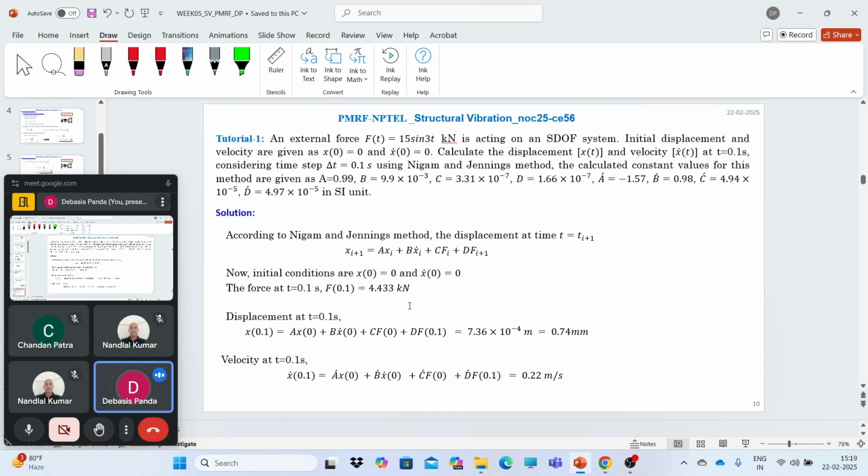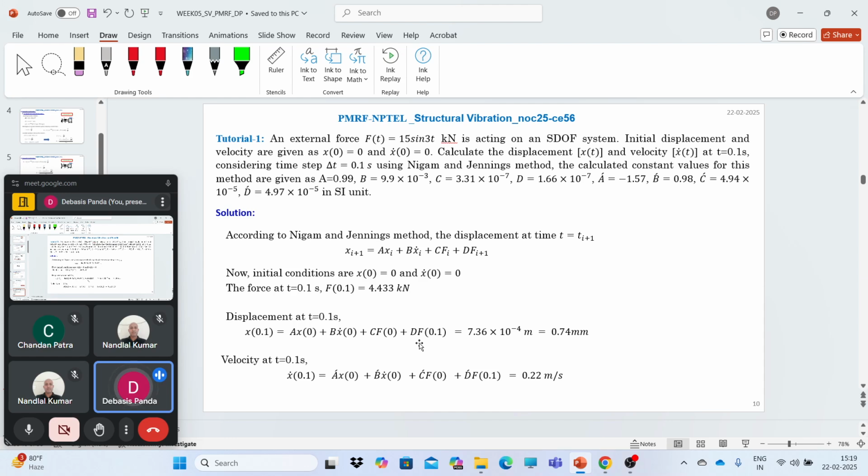Now B, look at the B value, already given as 9.9 into 10 to the power minus 3, and x dot naught, that means the initial velocity, already provided as 0, plus C into f naught. At t equals 0, sine 0 means 0, so f 0 is obviously 0, so we are left with only the last term, D into f of 1.